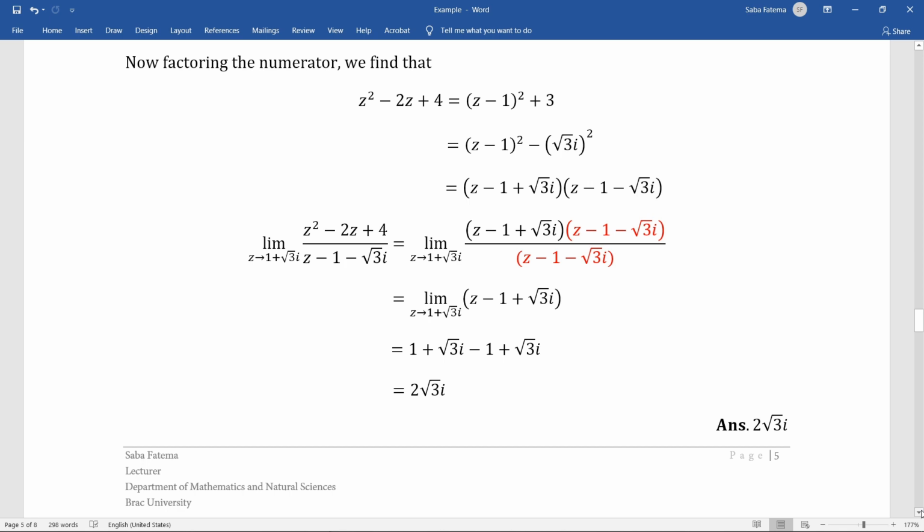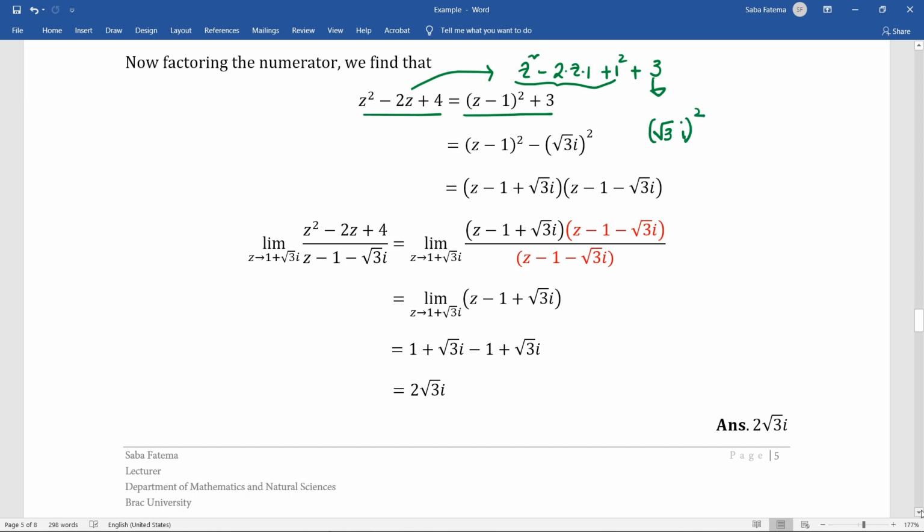We will try to factor the numerator or denominator. Here, the numerator can be written in this form also. So from this part, we get z minus 1 whole square minus, and 3 can be written as square root of 3i whole square.